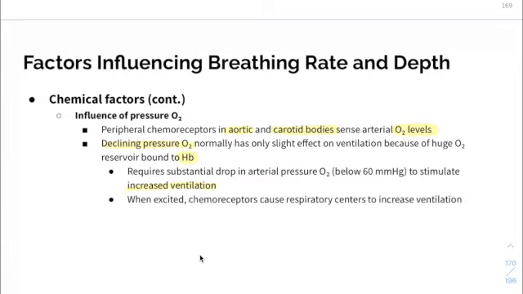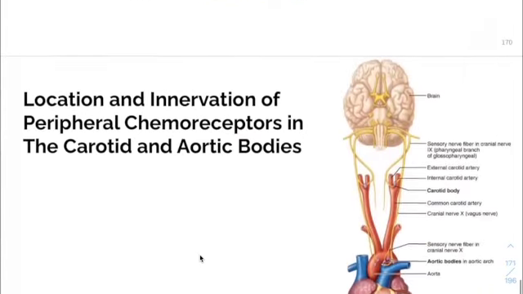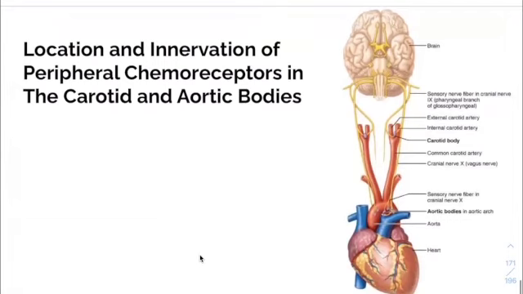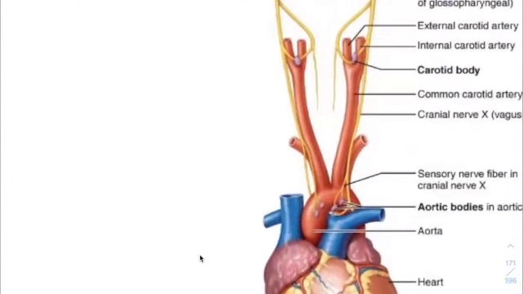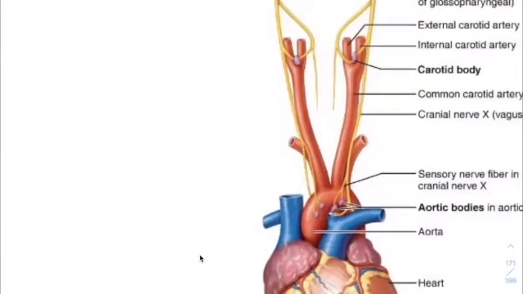So when those chemoreceptors get activated because of a low oxygen in the blood, it causes the respiratory centers to increase that ventilation. Get more breathing in, let's get more oxygen going. That is the role of these receptors in these blood vessels. So this shows where those receptors are located.